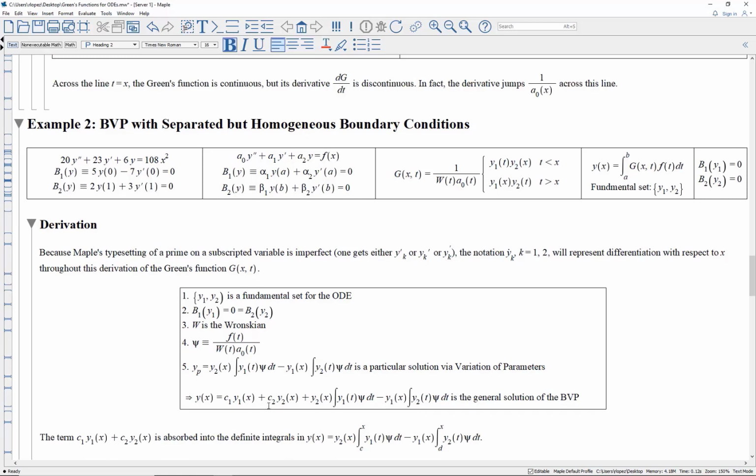But we can dispense with this homogeneous part if we change this indefinite integral to a definite integral. What we do by introducing a definite integral is we pick up a constant. That constant will multiply y2 over here, and this constant will multiply y1 over here. C and D are not known. We'll figure them out as we go, but we don't have to drag around this homogeneous part.